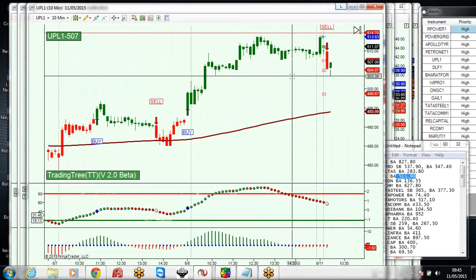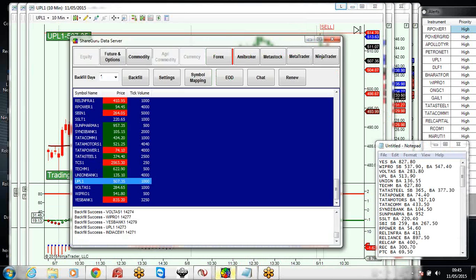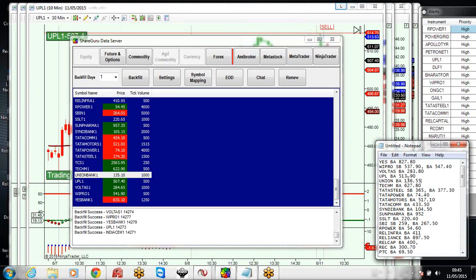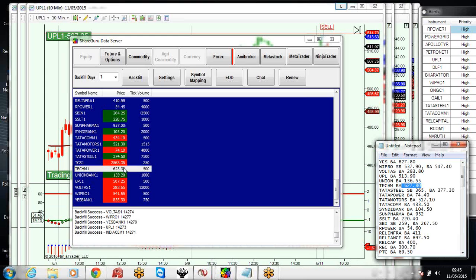You can short it at this price, 503.30. So Union Bank 136.50 is the buy. Now it is at 135.10. Tech Mahindra 627 is a buy. It's at 623.